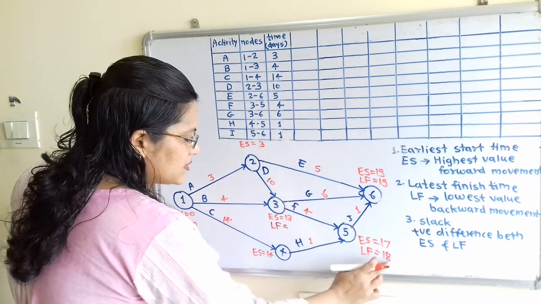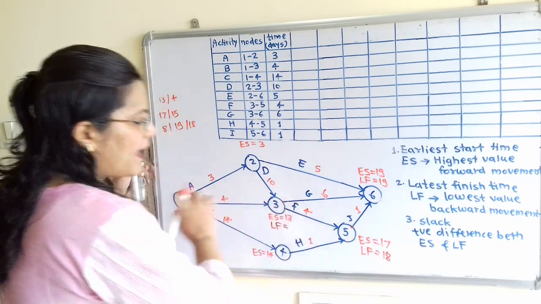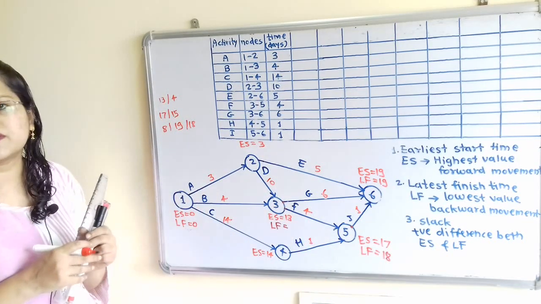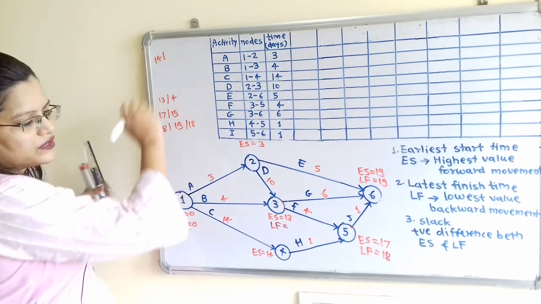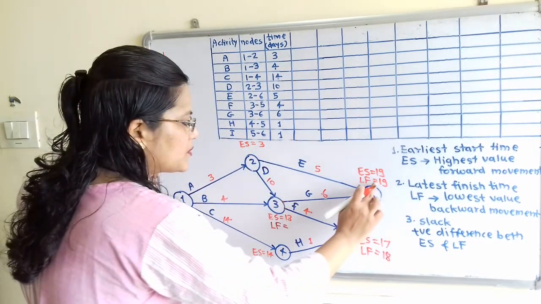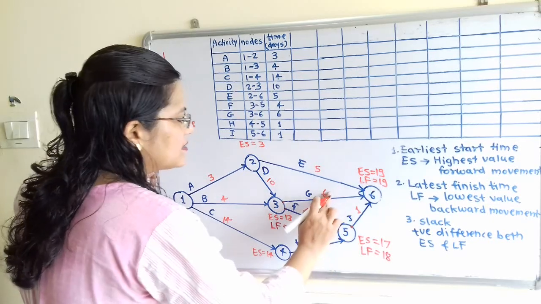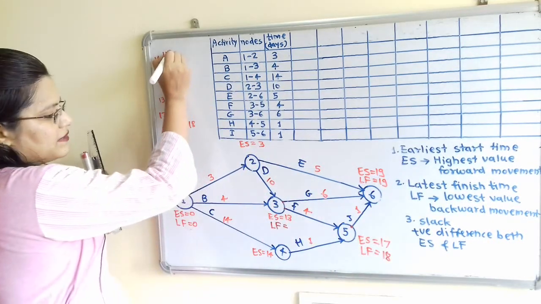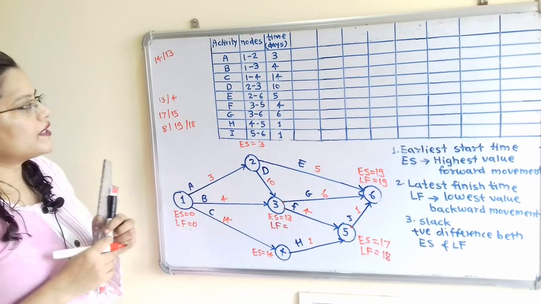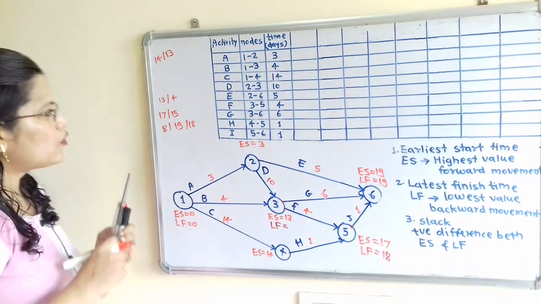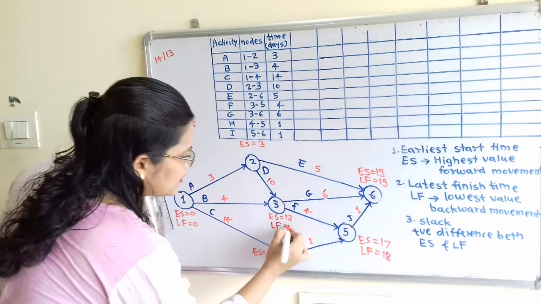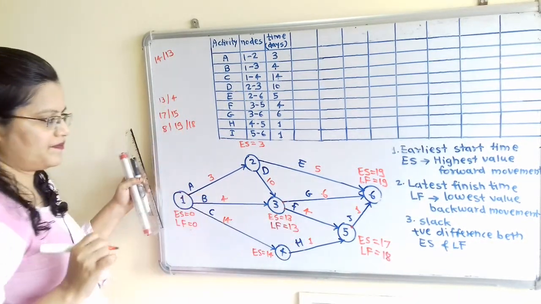So here 18 minus 4, that is 14. That is the first option. And the second option is 19 minus 6, that is 13. Now if we observe, we have to select the lowest value. So the lowest value is 13, so we will select 13.